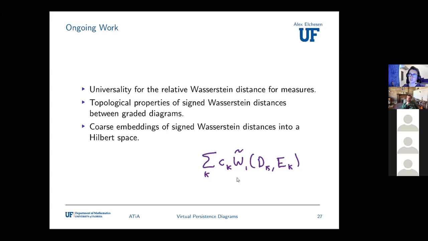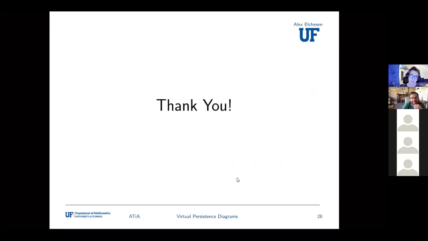I forget if inclusive or not. He suspects that it's not true for any p, I think, last time I talked to him. But this would potentially give us a consolation result, that there is some coarse embedding in some sense. So that's it. Thanks for listening.